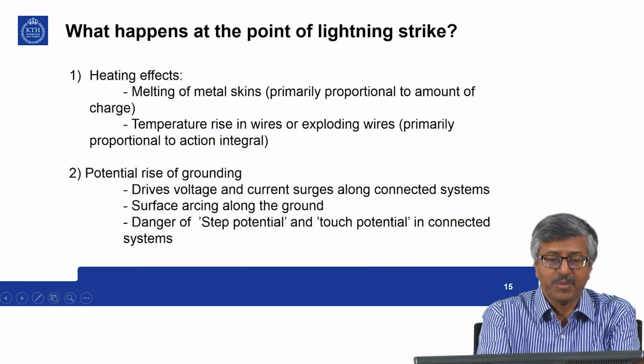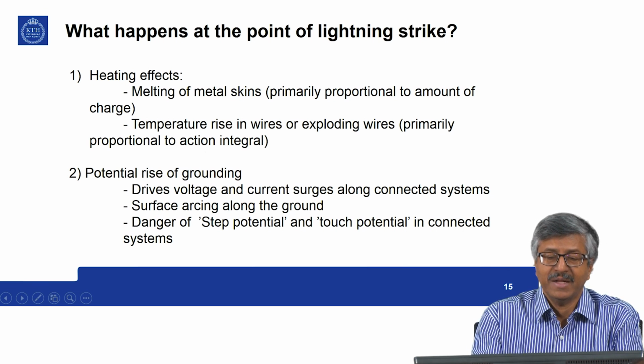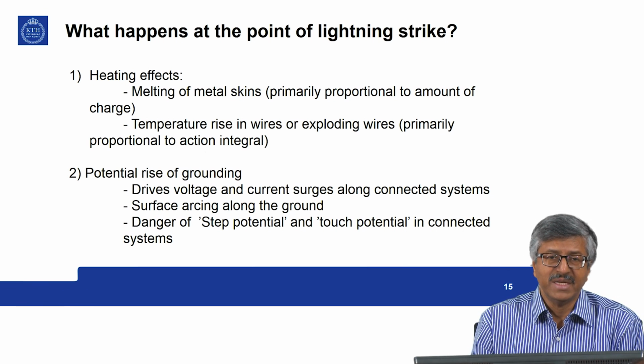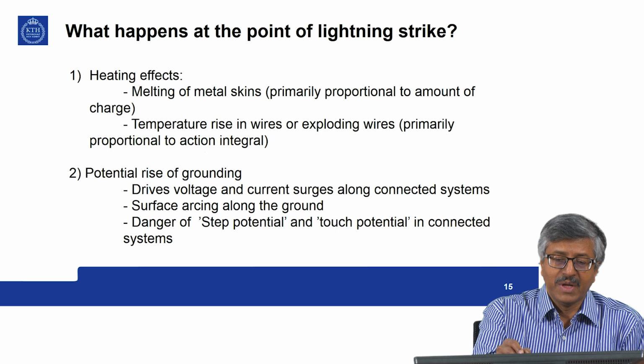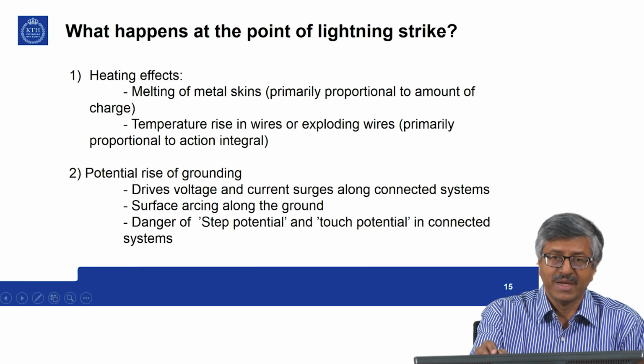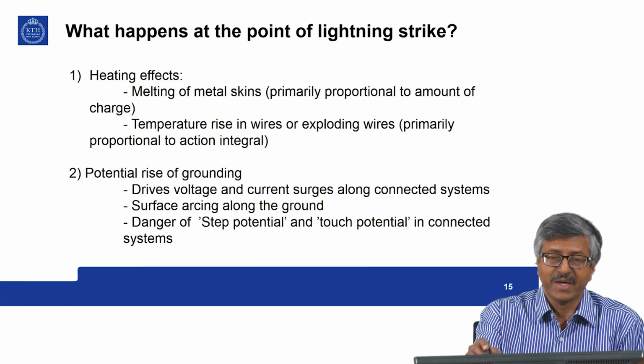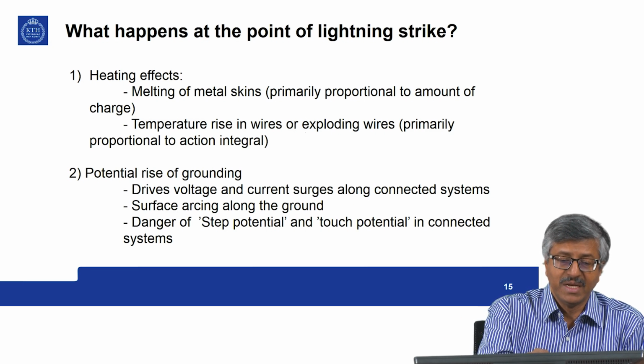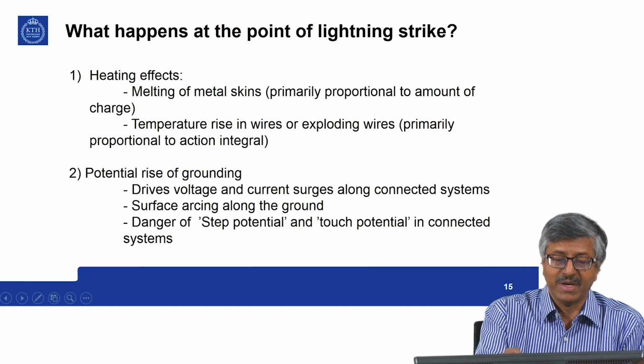This is primarily proportional to the action integral, that is the integral of I squared dt. So, if a wire is subjected to that current, then depending upon the resistance, the wire will be heated up. So, this is the prospective energy that is available.